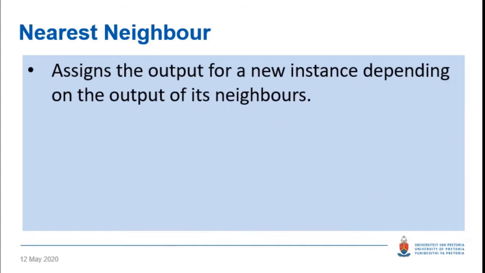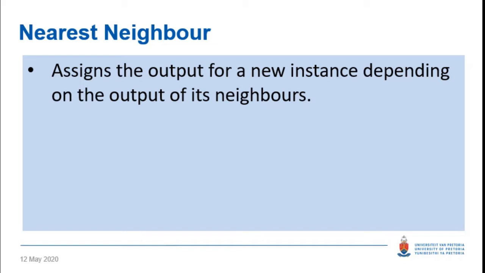When you first start doing supervised learning and you look at machine learning, you look at classification, one of the first algorithms that you'll come across is the nearest neighbor algorithm. This is used for both regression and classification. As its name suggests, the output that it produces in solving a problem depends on the neighbors of that particular data instance.